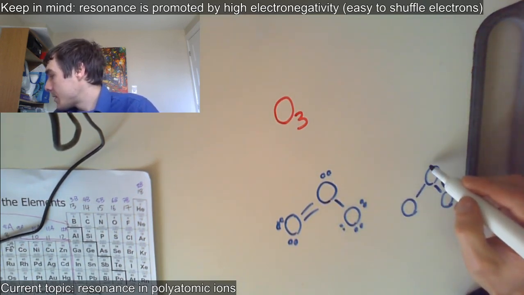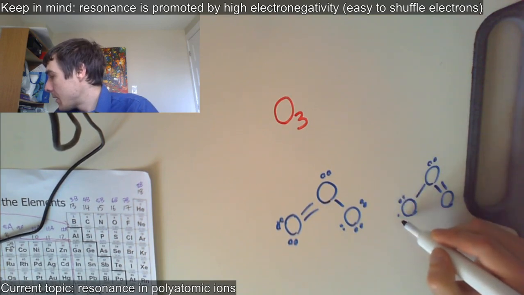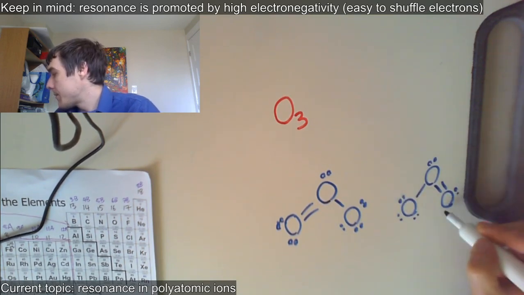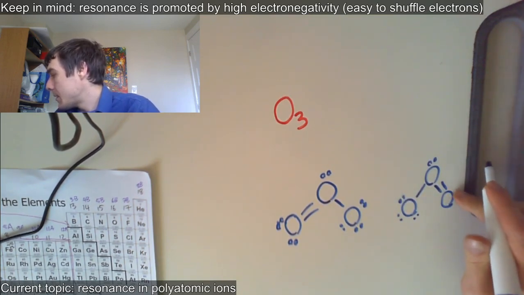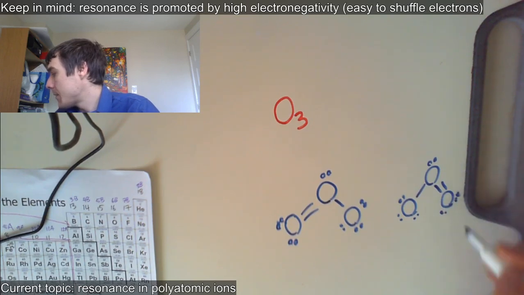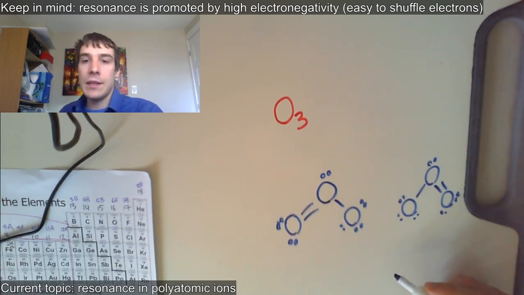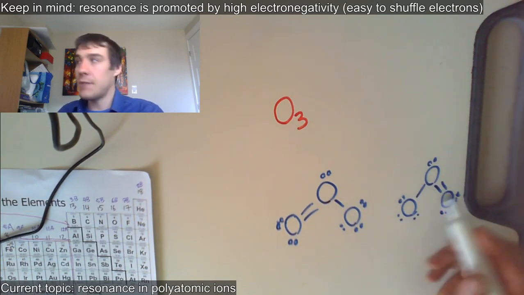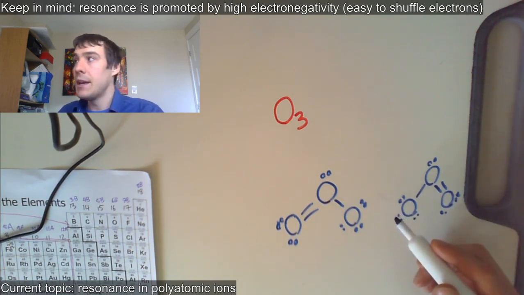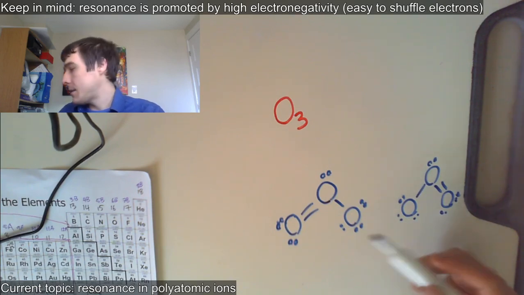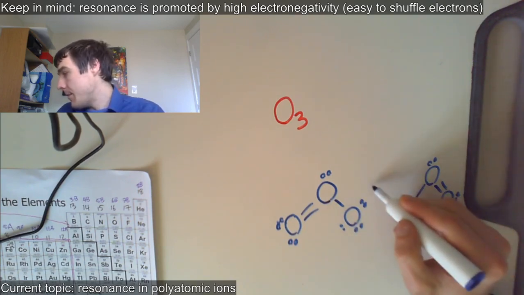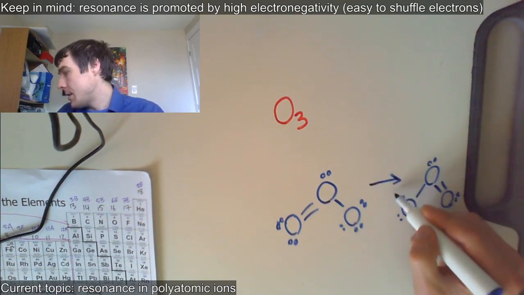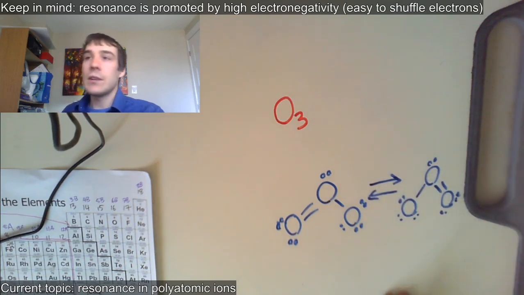We've just swapped the double bond from one to the other. And so the theory goes, because they are exactly the same length, no matter how often we measure it, and because we know it's bent, there's this resonance structure where it's constantly flipping back and forth between the two.